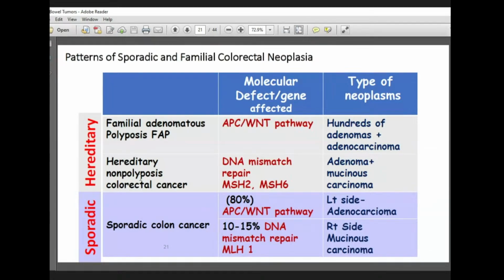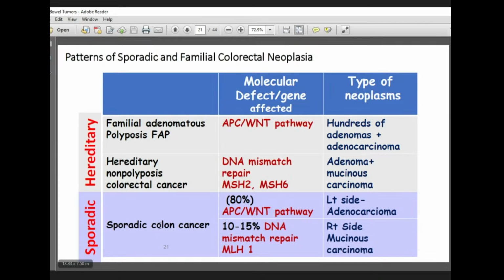Hereditary non-polyposis colorectal cancer: involvement of DNA mismatch repair genes MSH2, MSH6, leading to adenoma and mucinous adenocarcinoma. Here, just plain adenocarcinoma; here, mucinous adenocarcinoma.